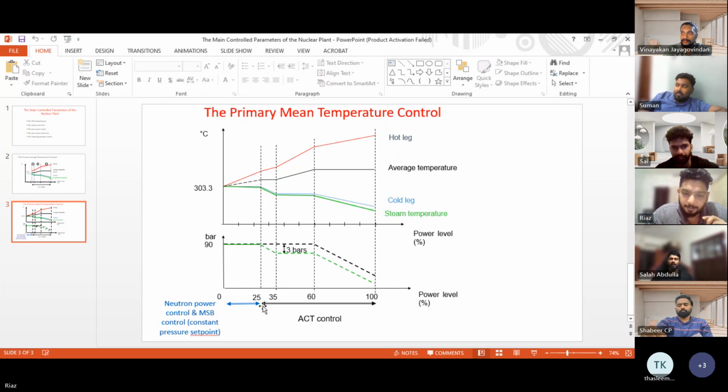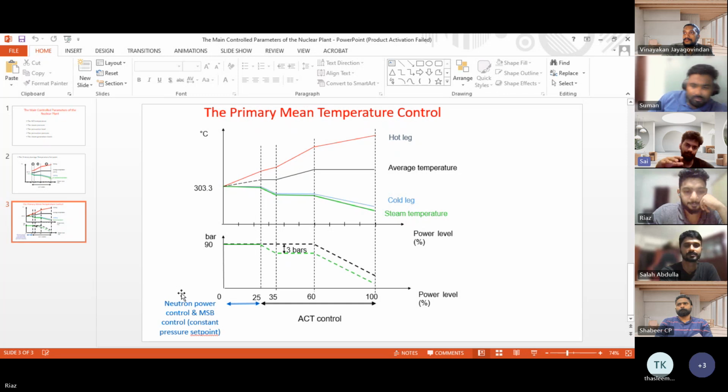Before, I gave you a brief idea about ACT. Is it clear about ACT? Below 25% of reactor power, in neutron flux mode, the power generation, meaning electricity generation, will be very less, right?